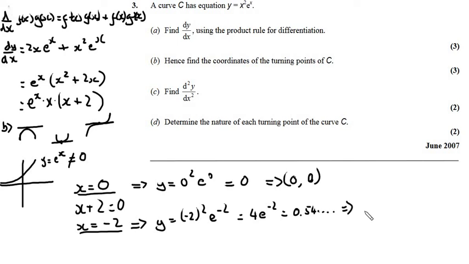So this just gives us the coordinates of -2, 0.54... There we go. And we have our two turning points.